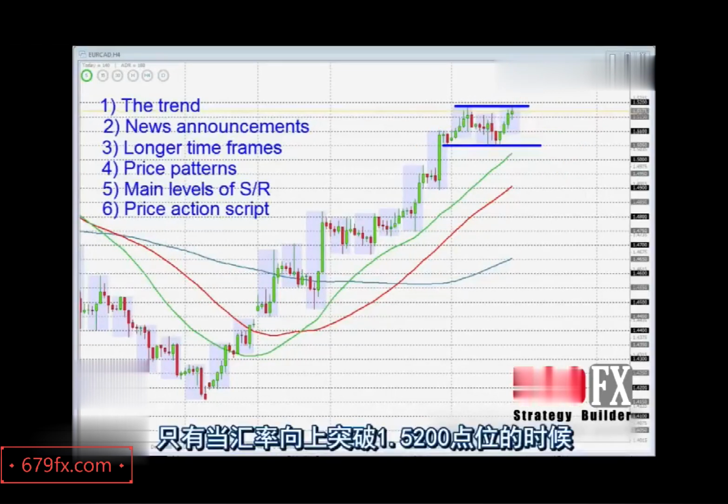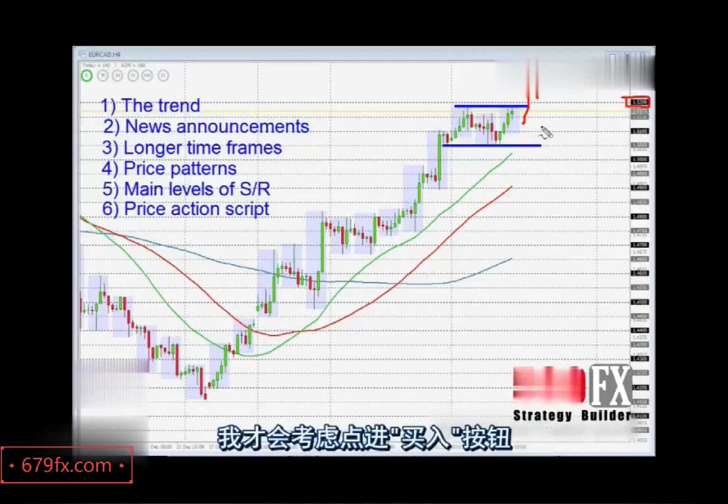Only if I see a breakout to the upside above the 152.00 level will I be looking to push the buy button.